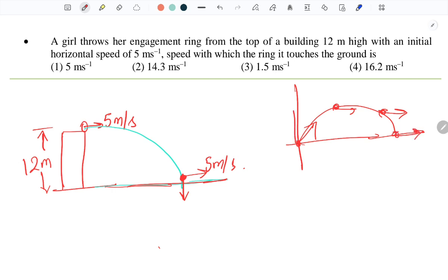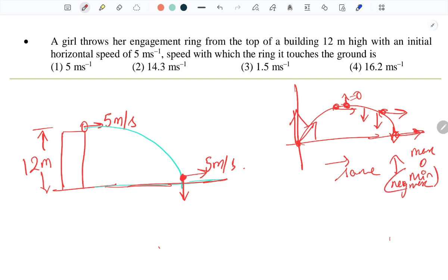The vertical component at the starting is maximum, then at the topmost point it becomes 0, then it becomes negative and reaches negative maximum. I hope you understand this part.